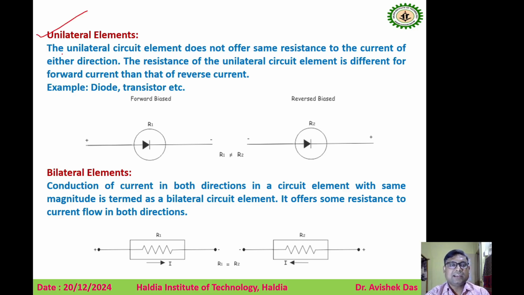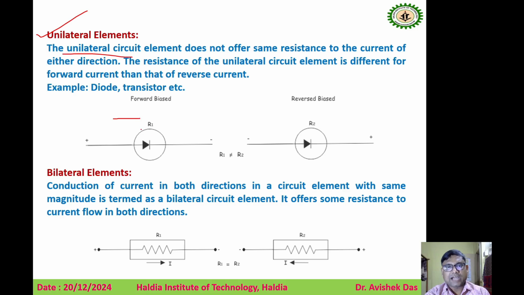A unilateral circuit element does not offer the same resistance to current in either direction. The resistance of a unilateral circuit element is different for forward current and for reverse current. Unilateral element means that in those elements, current cannot flow in both directions.